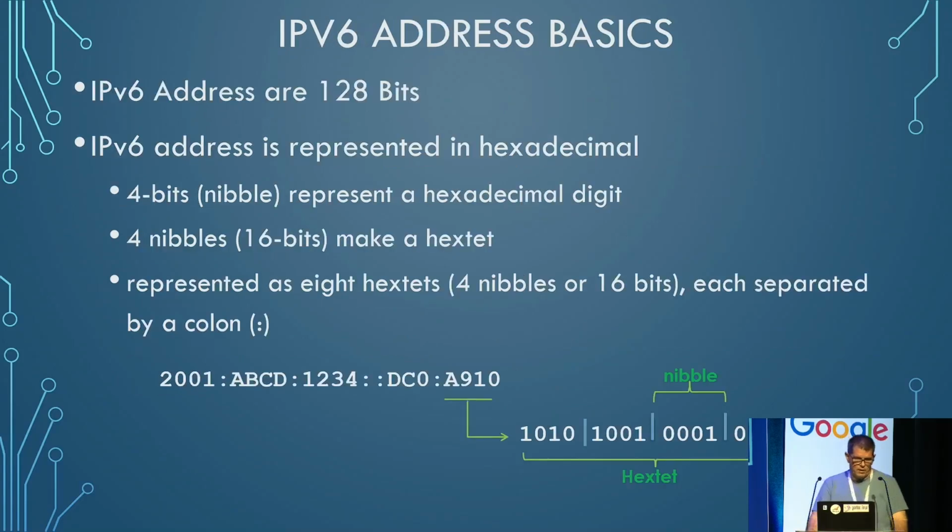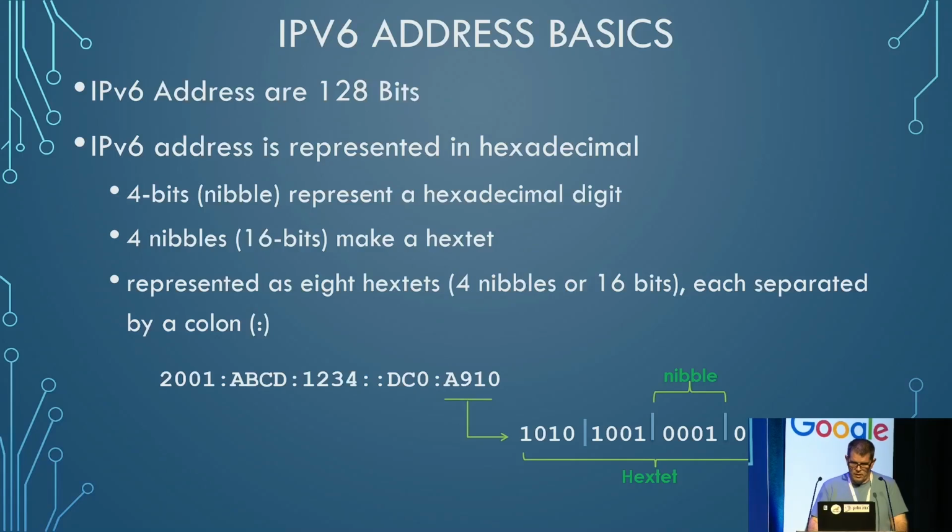IPv6 addresses are 128 bits in length, as opposed to 32 bits for IPv4. IPv6 addresses are represented in hexadecimal, unlike the decimal system of IPv4.